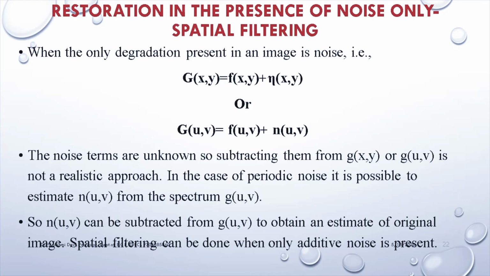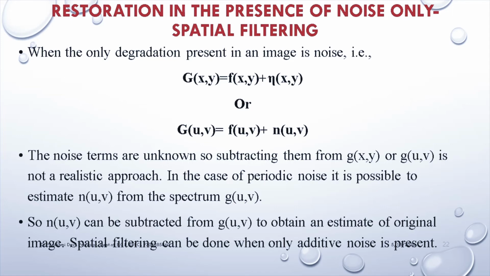That means without considering the degradation factor H, if the image is deteriorated only by noise, then G of uv is equal to F of uv plus N of uv. That means F of uv is equal to G of uv minus N of uv.